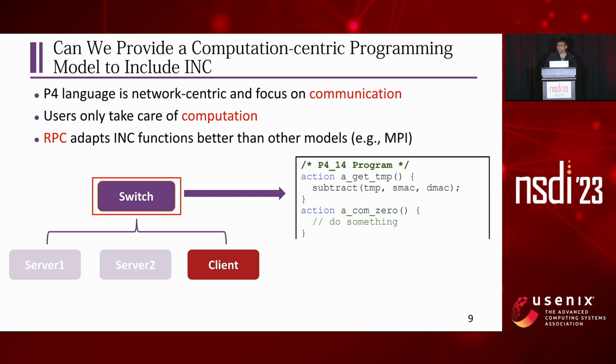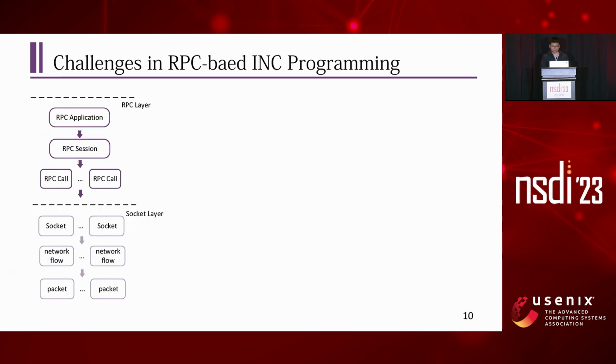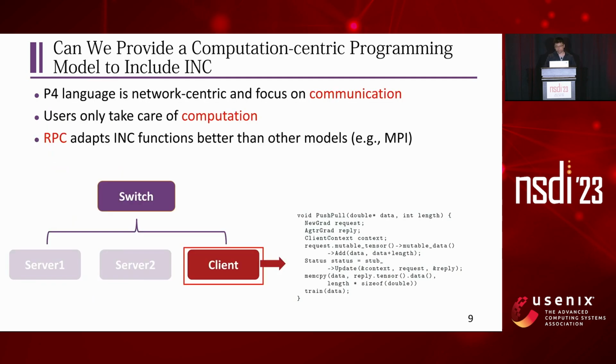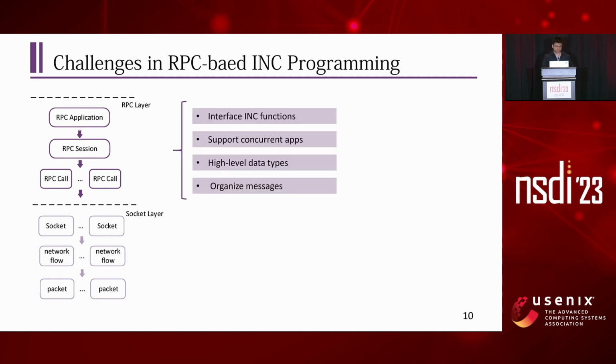RPC adapts INC functions better than other programming models because users only need to invoke remote procedural calls, and there is no need to take care of the communication details. However, including INC functions in the RPC programming model is not easy, with several challenges in both layers.